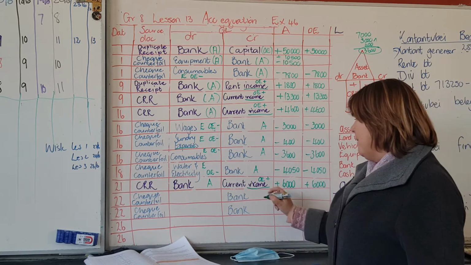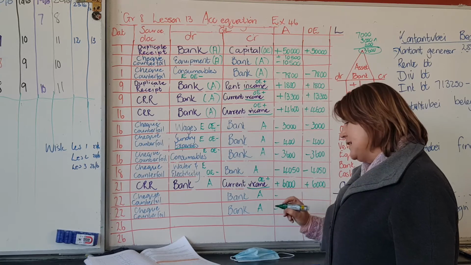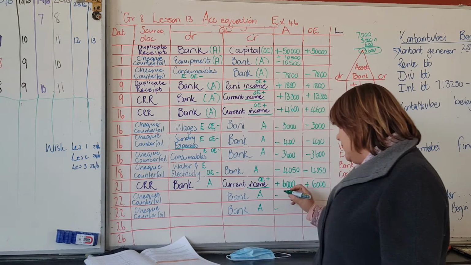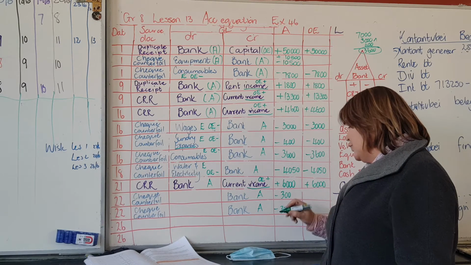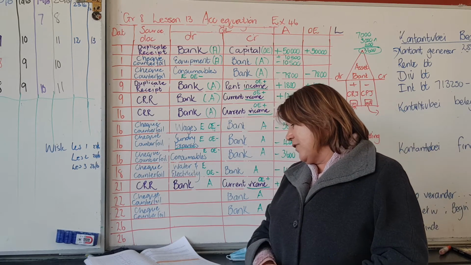So remember, bank is an asset, but your bank account's going to decrease with an amount of 300 Rand and 3,000 Rand. So your bank account is going to decrease with 3,300 Rand.